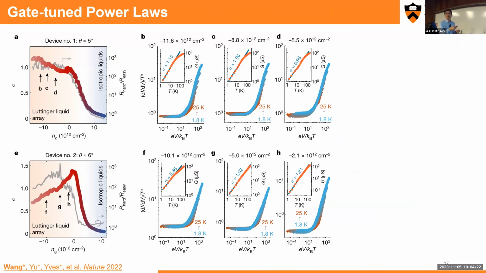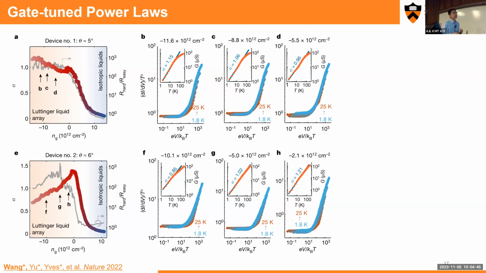This is the first device at 5 degrees. We extract many data points. I pick 3 here to show you the example that it always shows very good overlap of the alpha. If we just take the alpha, the number from the temperature dependence is always here, and it can always collapse very well with the scaling.